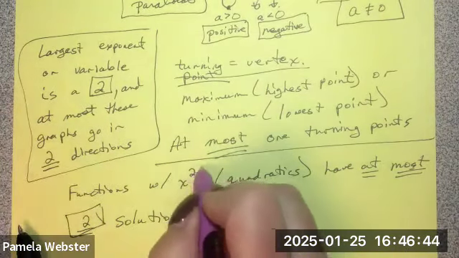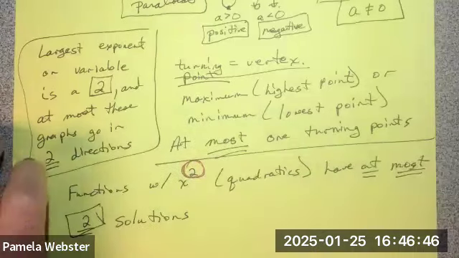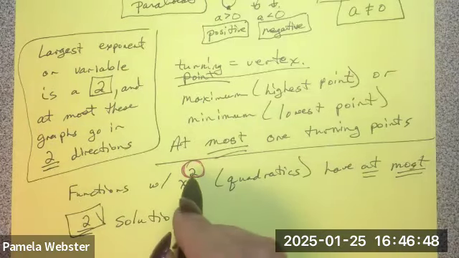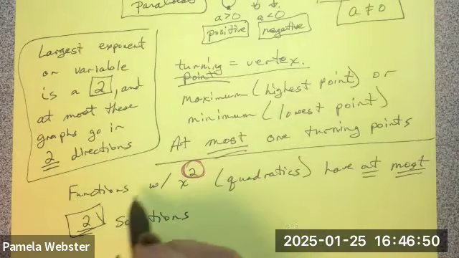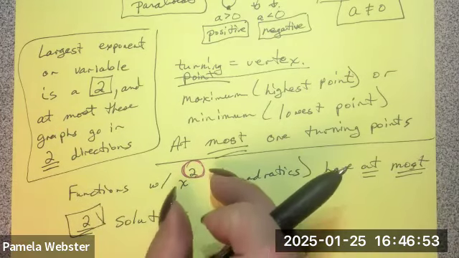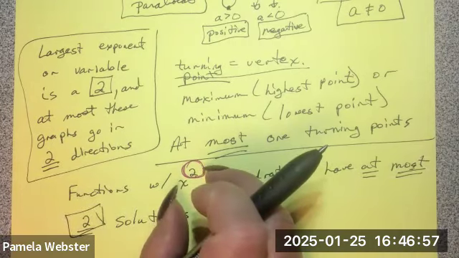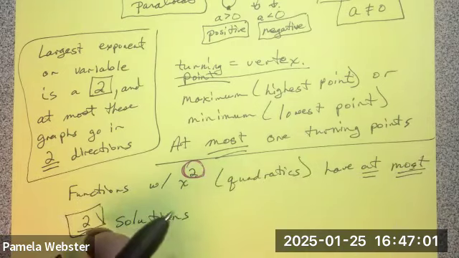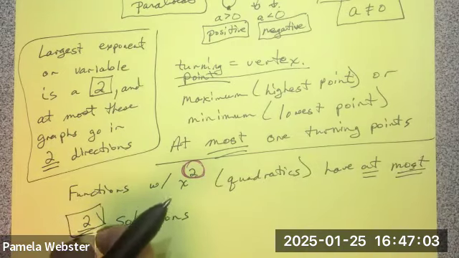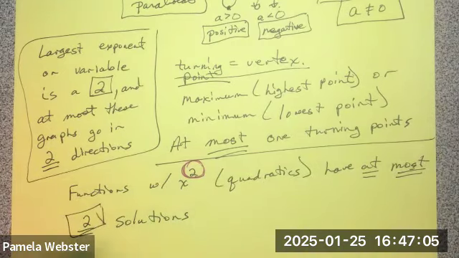In my head, I hear you saying, it's the exponent, Dr. Webster. And you're right. Okay, so the largest possible exponent on the variable that we're dealing with basically controls how many possible solutions I have.